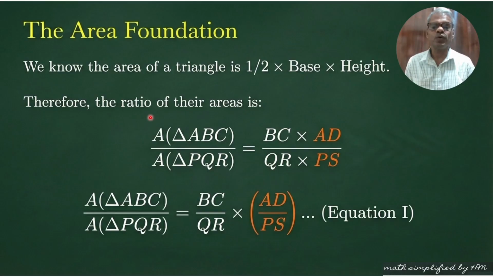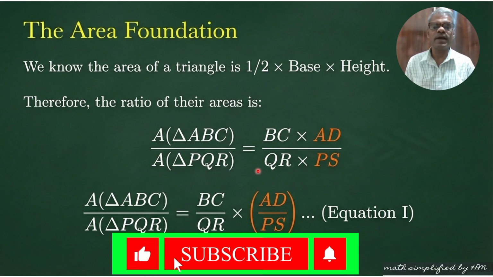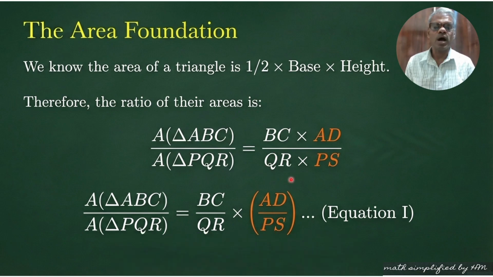Therefore, the ratio of their area is area of triangle ABC upon area of triangle PQR is equal to BC into AD upon QR into PS. We can write this as area of triangle ABC upon area of triangle PQR is equal to BC upon QR into AD upon PS. Name this as equation 1.